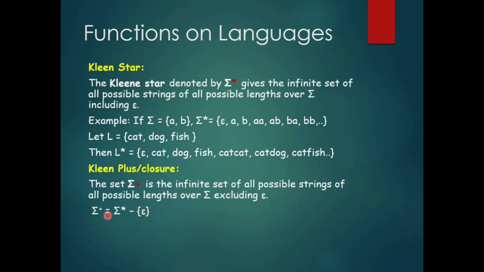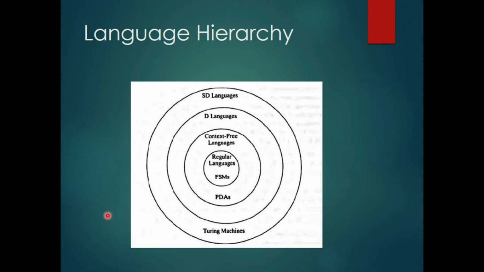A string of length 0 is not present in the answer to Kleene closure or Kleene plus. Same example, but without epsilon.